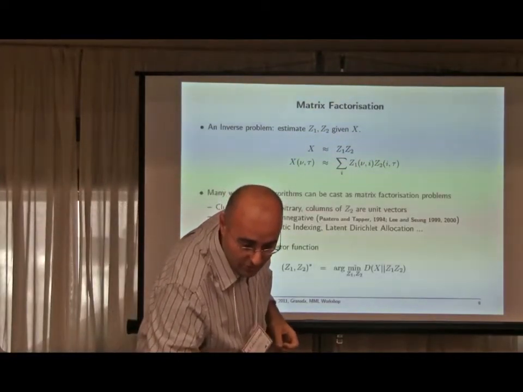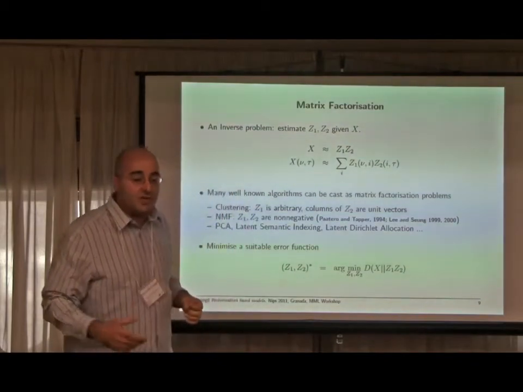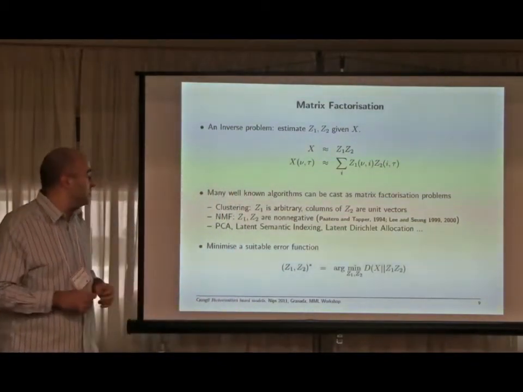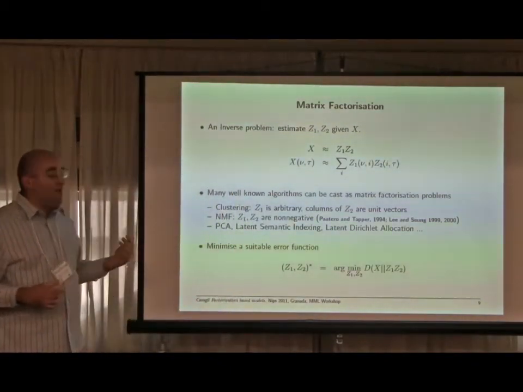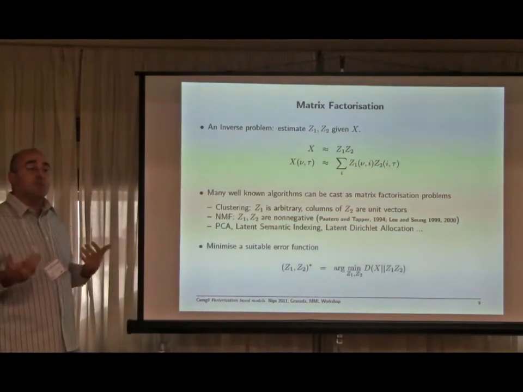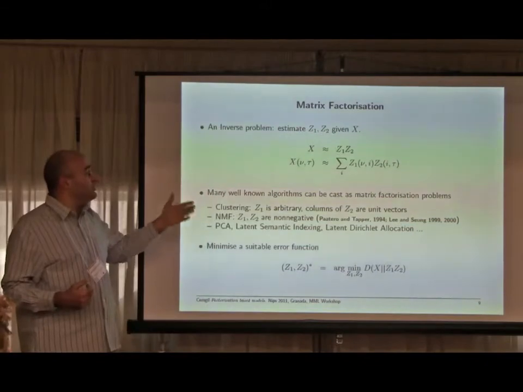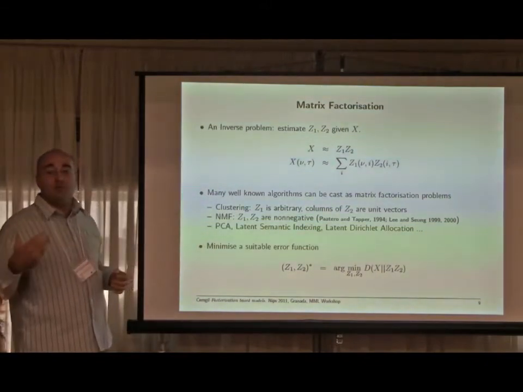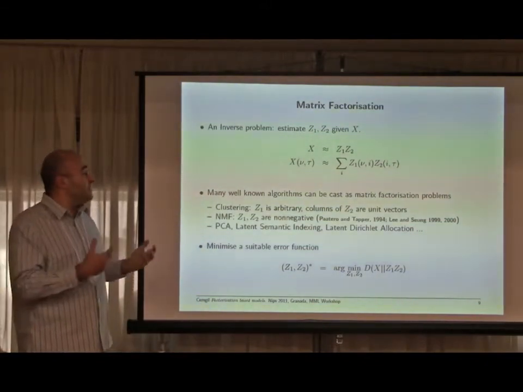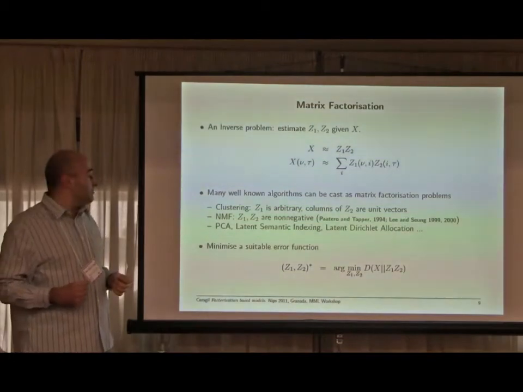Why is matrix factorization also quite popular lately? Because most of the well-known algorithms can be cast as matrix factorization problems, like, for instance, K-means clustering. By imposing certain constraints upon the individual factors, you can develop several algorithms. That is quite nice.